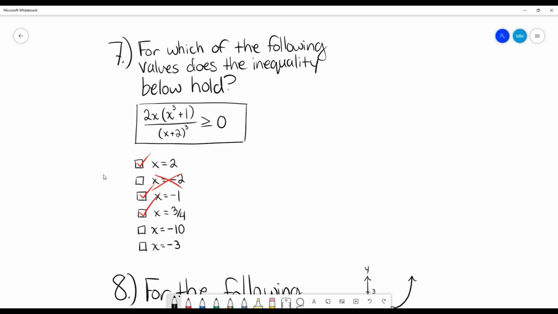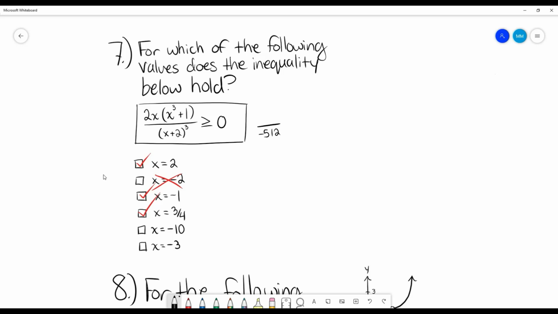So if I've got a negative 10 plus 2, it's going to be a negative 8. And then cubed is going to be, let's think, a negative 512.